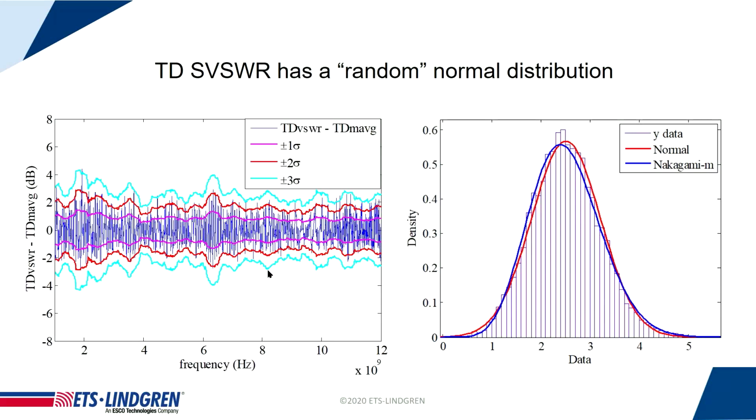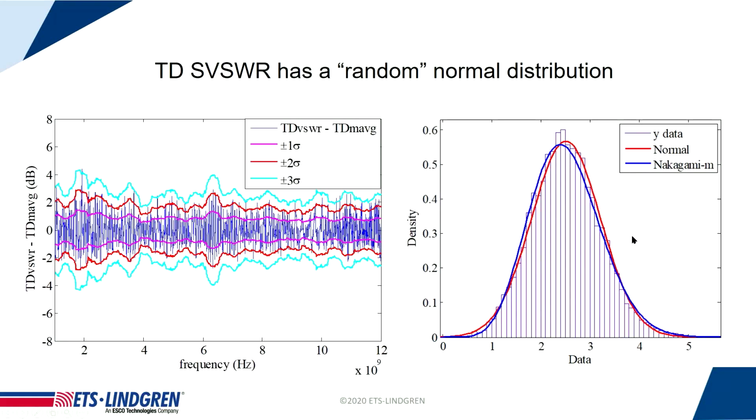The data is highly repeatable. If you don't move the antenna, you don't move the test setup, and you run it again, you would get this chart exactly back. It's very repeatable. It's basically determined by the reflections in the room. If I plot this data and do a histogram of the TD VSWR subtracted by the moving average, you can see this data actually looks like a Gaussian distribution.